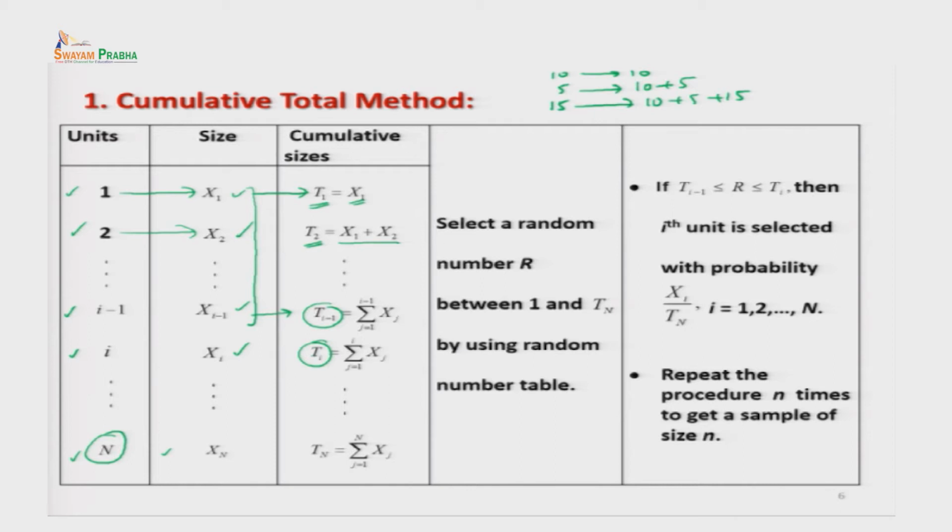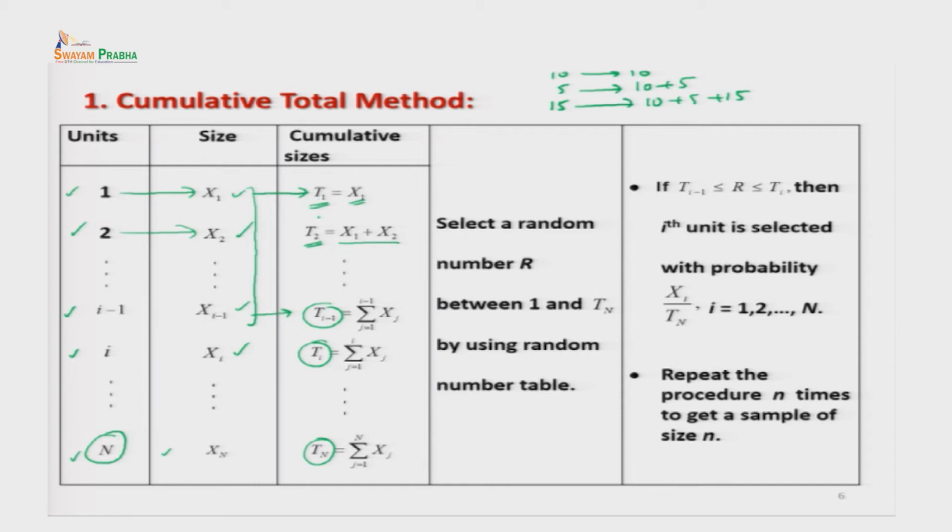And similarly, at the end, capital Tn is the sum of all the sizes. Right. So, now you have the numbers T1, T2 up to Tn.